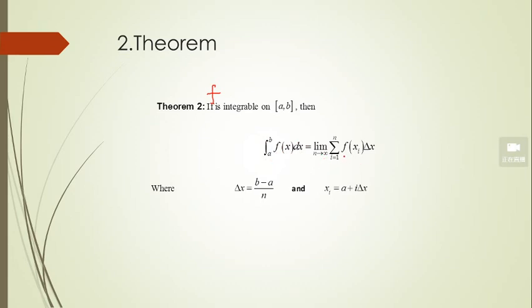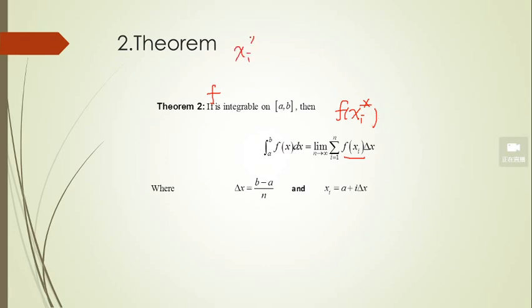By the way, here it's different from our notation in the definition. What is in the definition? The definition uses xi star. What is xi star? Xi star is the sample point we choose in the i-th subinterval, right? So let me write it.